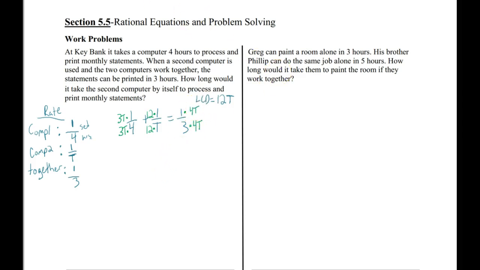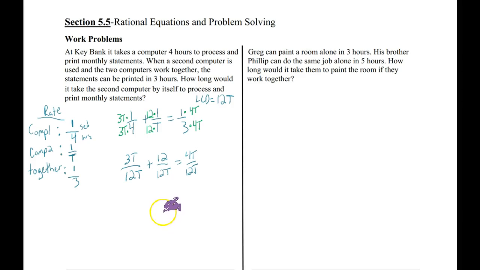So now we would have the following equation. 3t times 1 is 3t. 3t times 4 is 12t. 12 times 1 is 12. Over our 12t equals 1 times 4t is 4t, over our 12t.